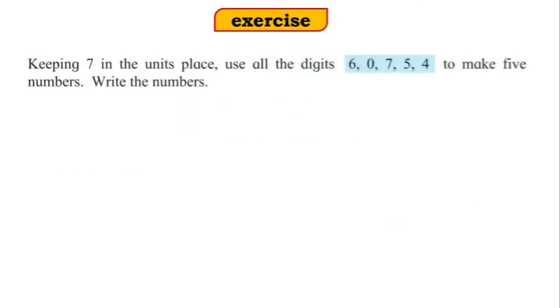Now the next question is keeping 7 in the units place. Use all the digits 6, 0, 7, 5, 4 to make 5 numbers. Write the numbers. So the given digits are 6, 0, 7, 5, 4, and we have to keep 7 in units place and form new numbers.